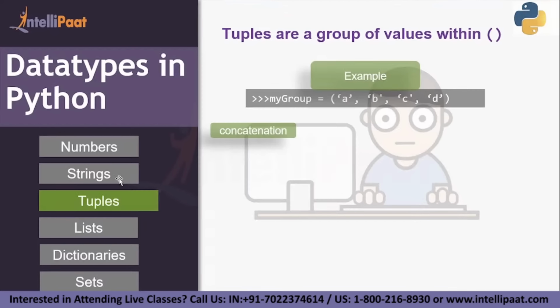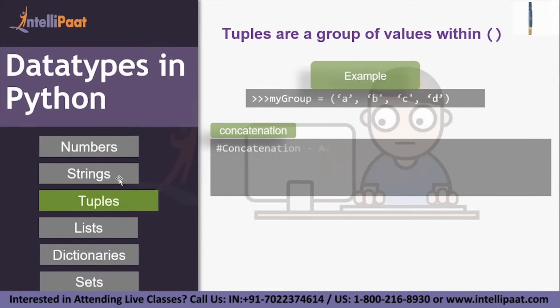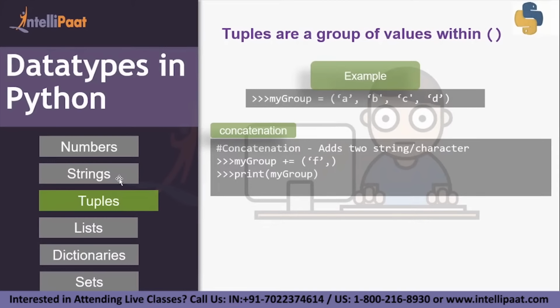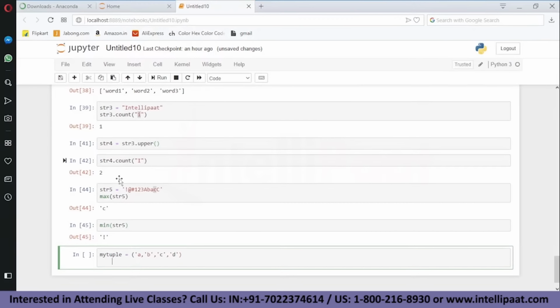So the very first operation that we are going to perform on it is concatenation. So what is concatenation? It is used to add two strings or characters. Basically, concatenation is used to add two or more tuples.